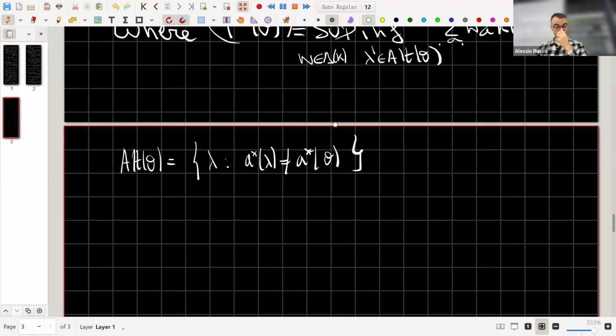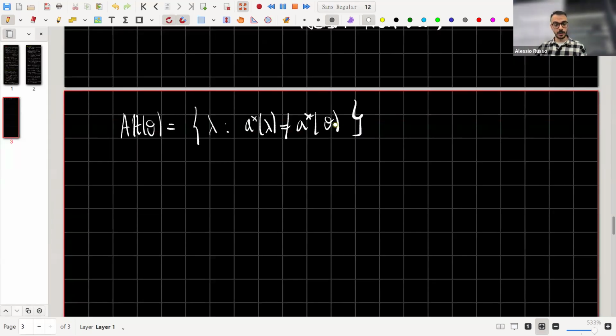So it's the set of models lambda such that the optimal arm in lambda is different from the optimal arm in theta. Without loss of generality, we also assume that the best arm in theta is the first one. We will use this ordering of the arms.